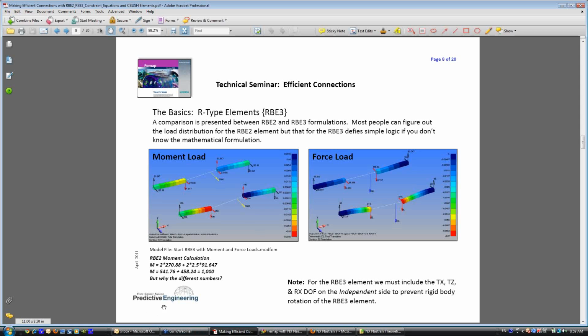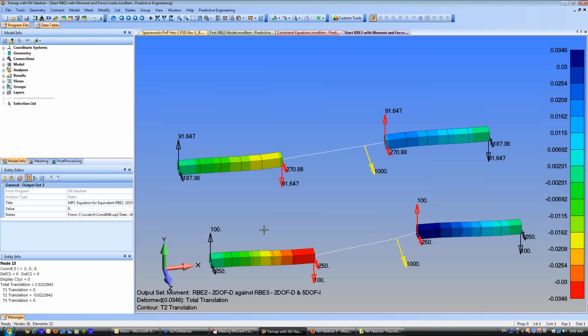And that is why, if you just look at the RBE2 moment calculation, you go, these are some weird forces and moments, because here's the moment, it's 270.88, and here's the force, 91.647, and yeah, it sums to 1,000, doing the math, but how in the heck do you get those numbers? I mean, you can't do it by just a standard sum of forces, sum of moments calc.